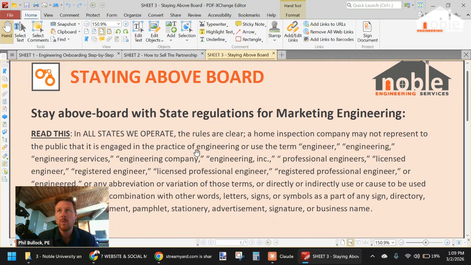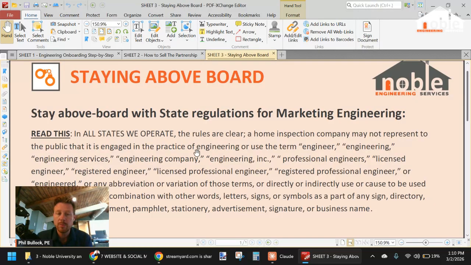So the way that we have talked to many boards, and I'm in Texas, I've contacted the board many times. They make very certain that you need to not claim to be engaging in the practice of engineering and using these engineering terms. You are not an engineering company. You are not selling engineering services.